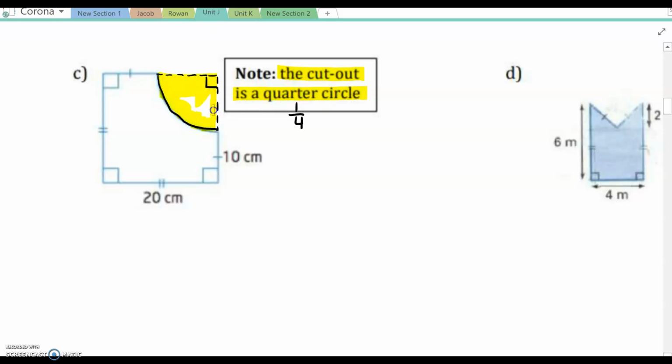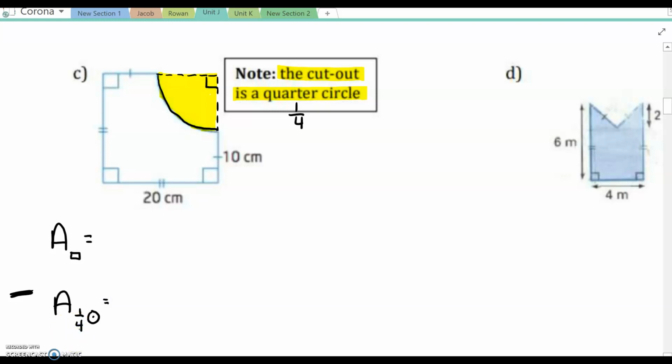So in a situation like this, I would never suggest to try and split this shape up into different shapes. What I would do is find the area of the square, and then I would subtract the area of the quarter circle. Not half, quarter circle.